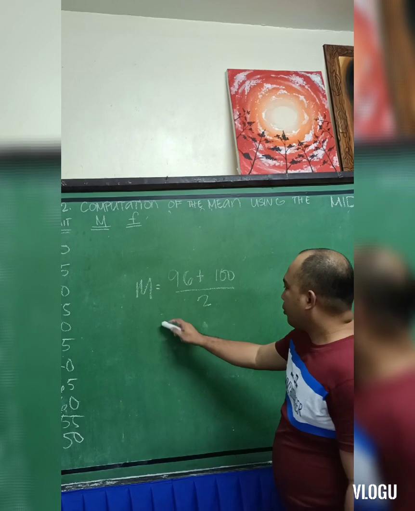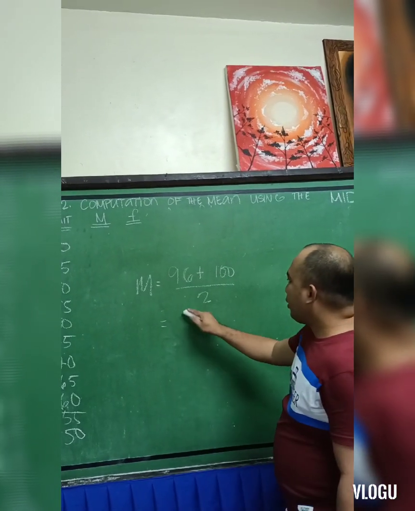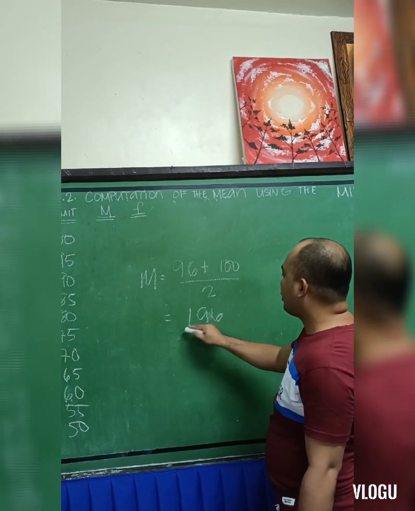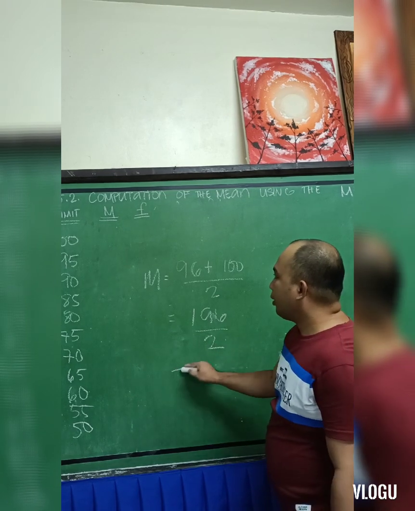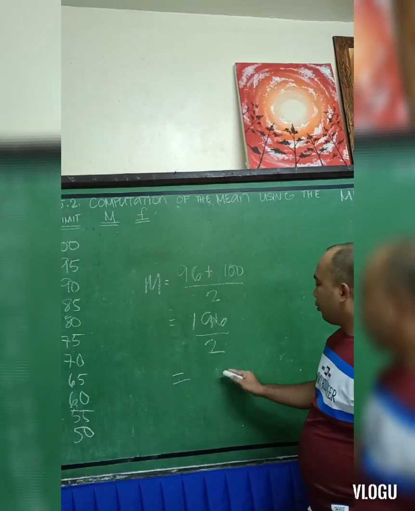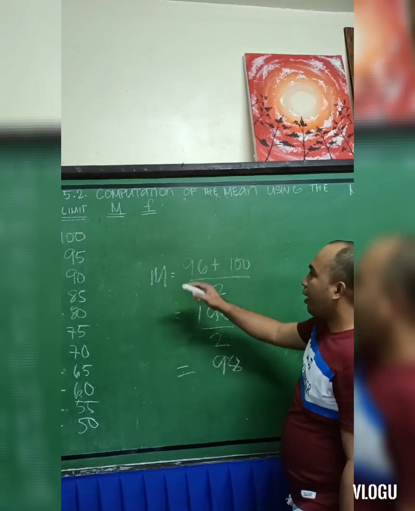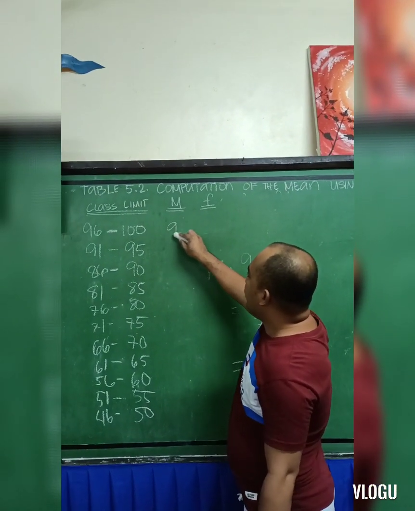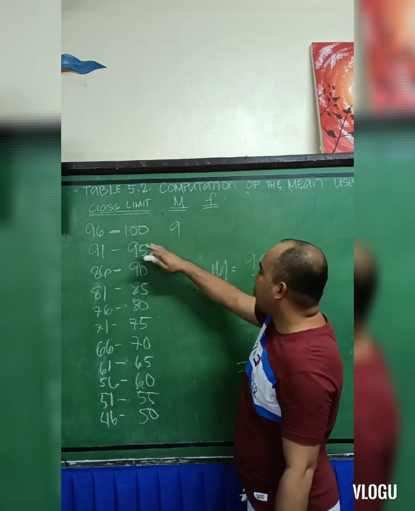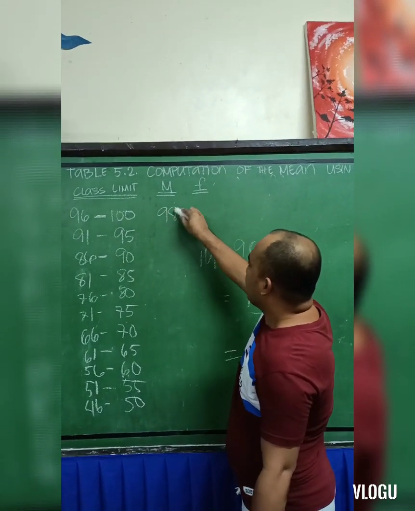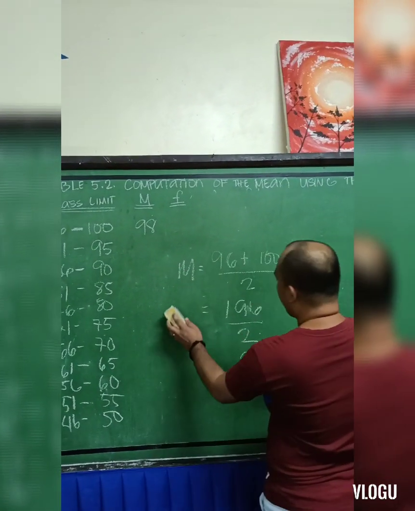Okay, so 96 plus 100 is equal to 196, divided by 2 is equal to 98. So that's why the midpoint of the class limit 96 to 100 is 98.